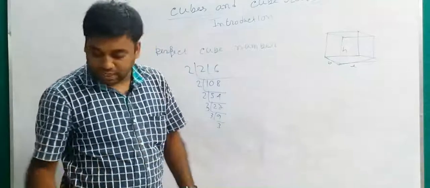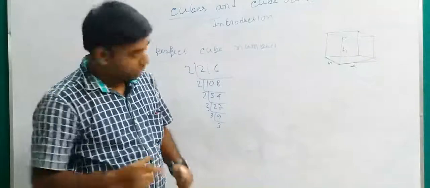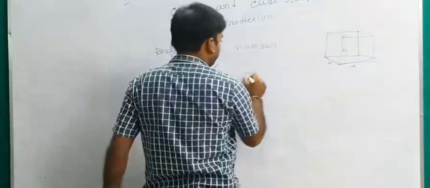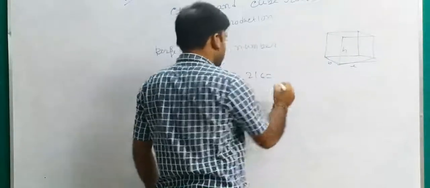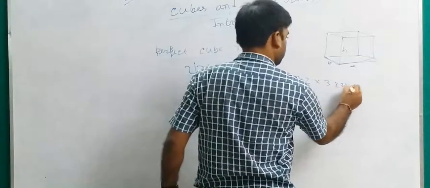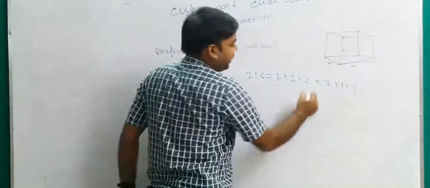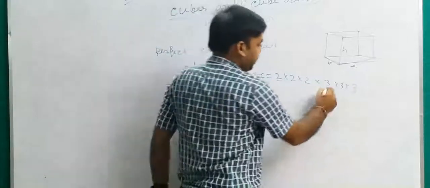Just look at the board. 3 twos are there and 3 threes are there.